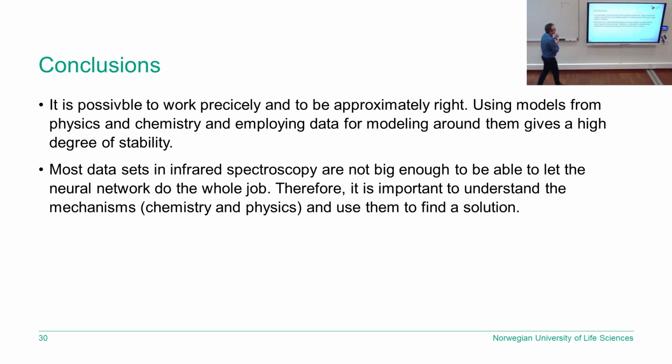And then, something we discussed today: most data sets in infrared spectroscopy are, I mean, an exception is when you can generate and simulate a lot of data. Most data sets are not big enough to let the neural network do the whole job. Therefore, it's really important to understand the mechanisms of both chemistry and physics and use them to find a solution. And that's the same in the field of infrared microspectroscopy.